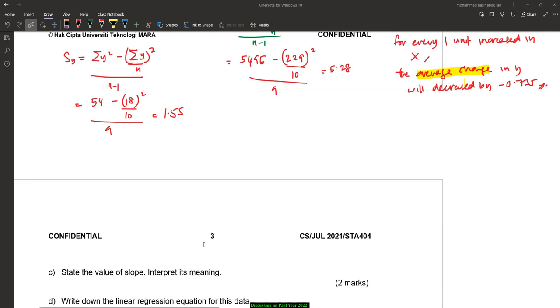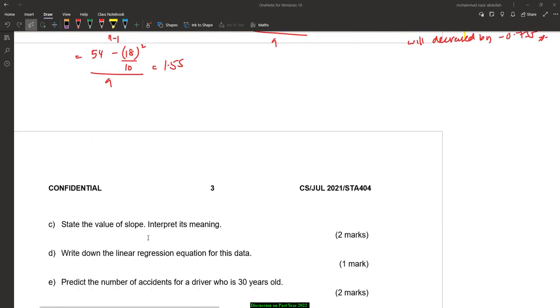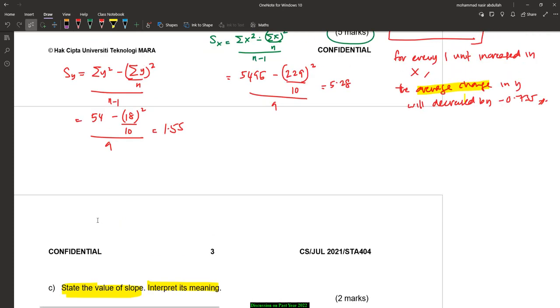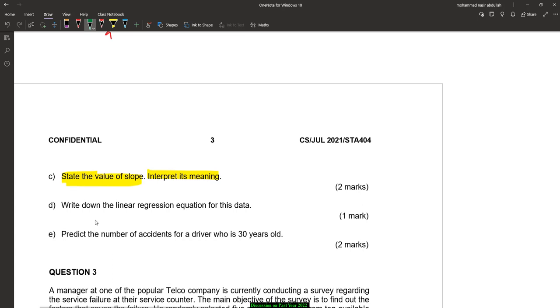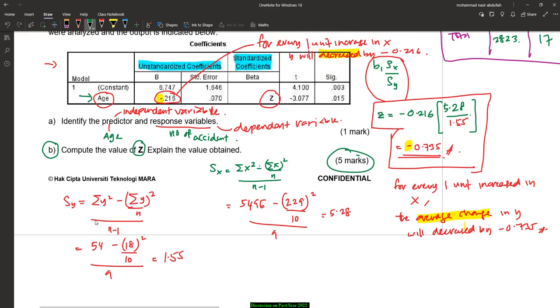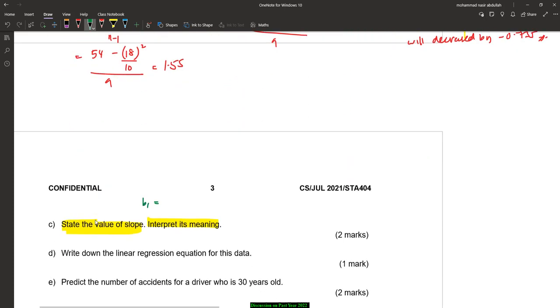So next, we continue with the next question. State the value of slope and interpret its meaning. We already stated and explained that. So slope is beta 1, equal to negative 0.216.